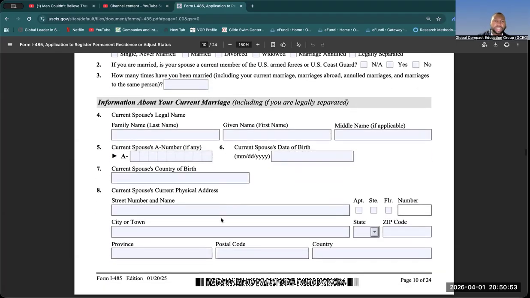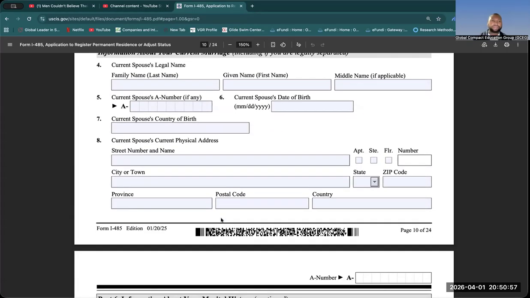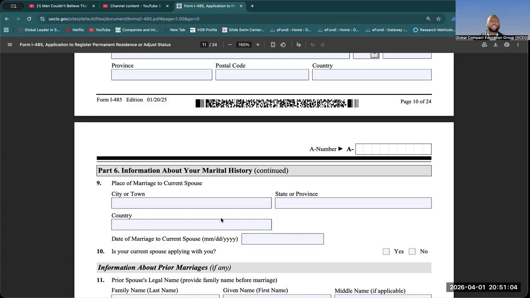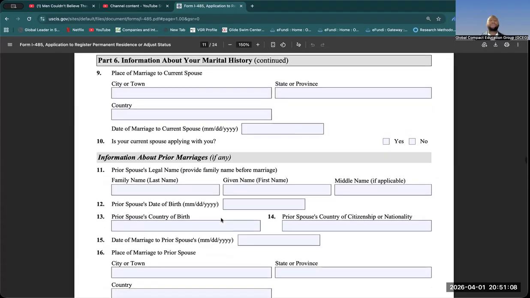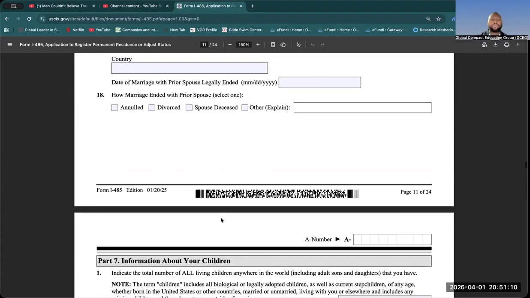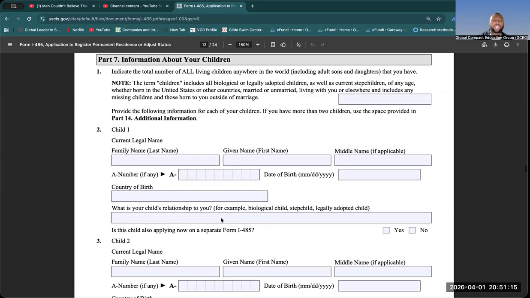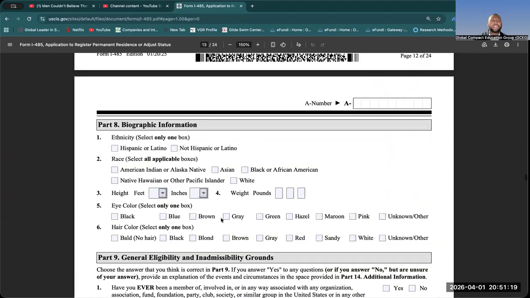It means that it would be a denial. Current spouse physical address, information about your marital history. Information about prior marriages, if any, you complete that. Information about your children, you put the names of the children and everything there.